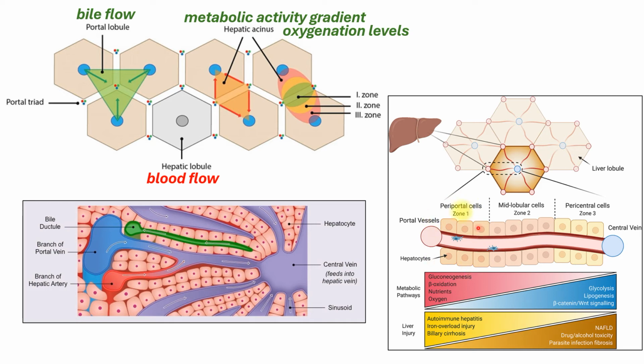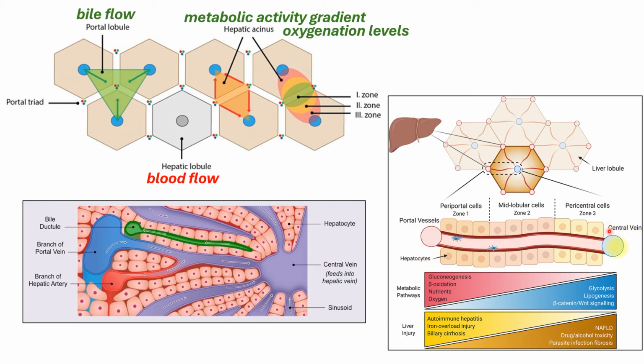So in the zone 1, this area has a lot of gluconeogenesis, beta oxidation, and is receiving more nutrients and oxygen because it is near your hepatic artery, right? Also, because of that, it is also very susceptible to infection and cirrhosis because the blood supply enters this zone first.